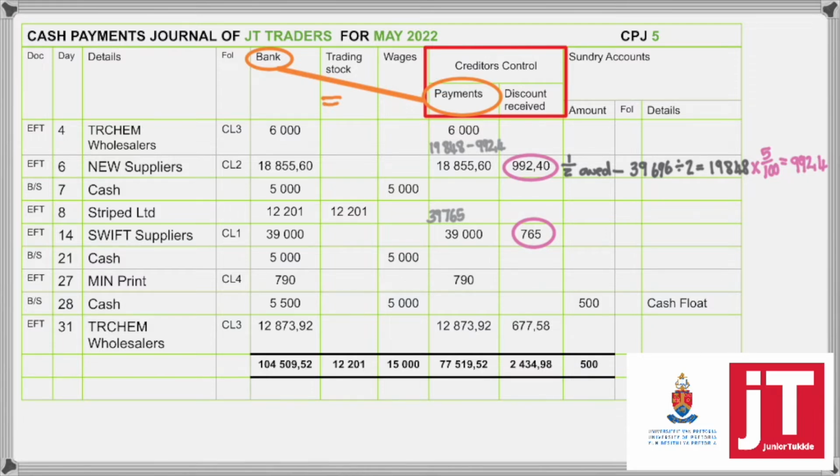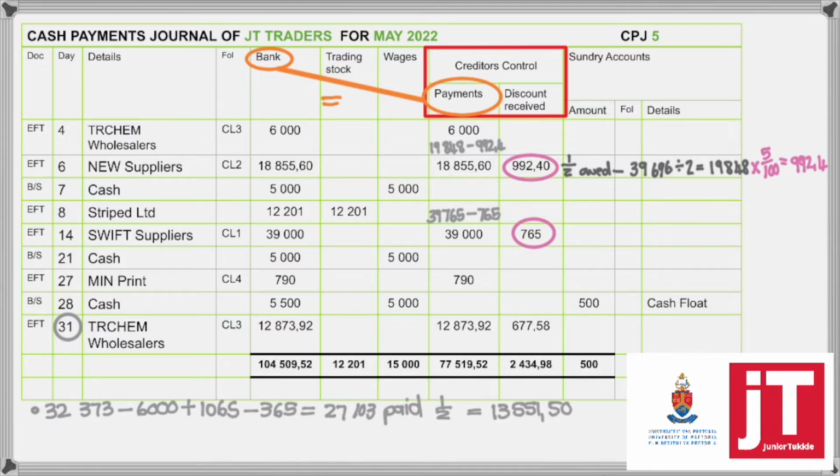So if I minus off that 75 Rand from what I owe there, then I get the 39,000 Rand. And then the bank amount must equal the payments column. And then lastly, on day 31, they say we settle our account from Trichem wholesalers and paid half of that and then get 5% discount.